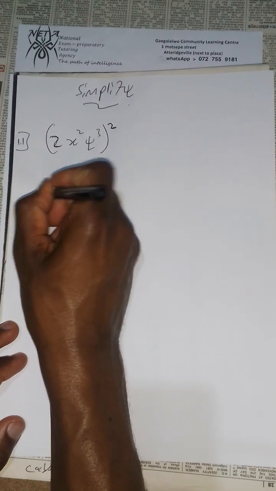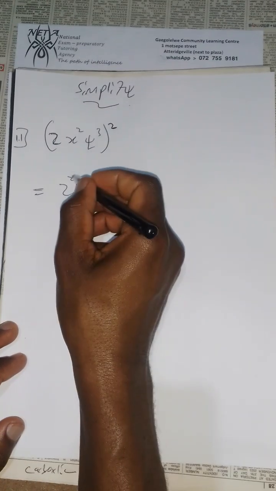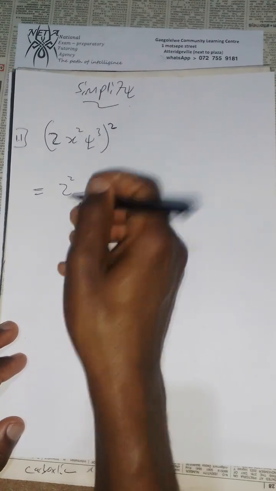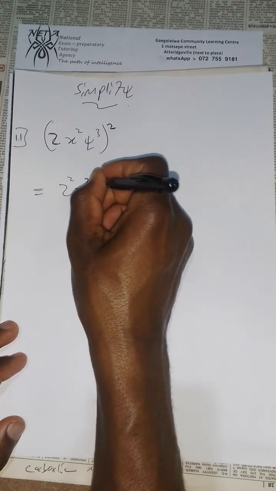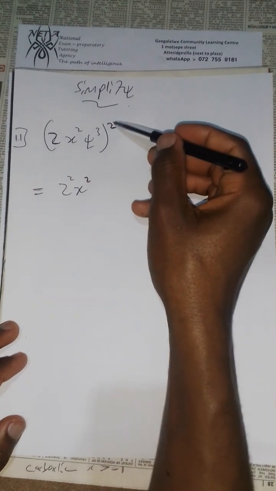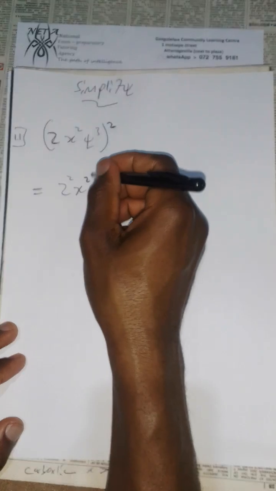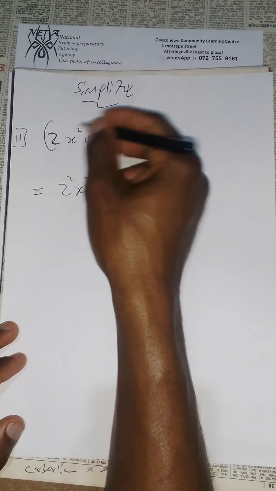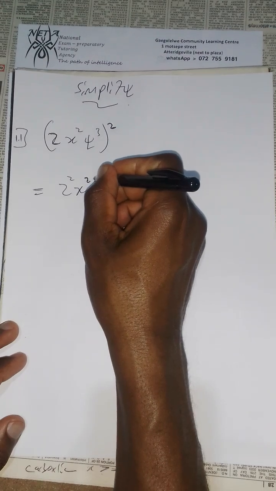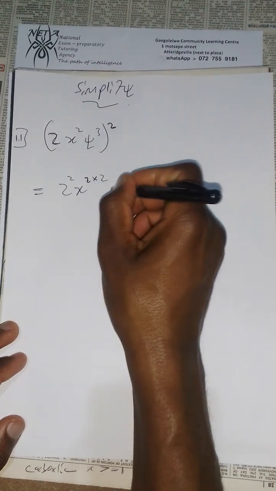How do we do that? We dissolve the brackets by allocating the exponent outside the brackets to every exponent inside the bracket. This 2 is the 2 of x squared, so we multiply it with the exponent from outside.